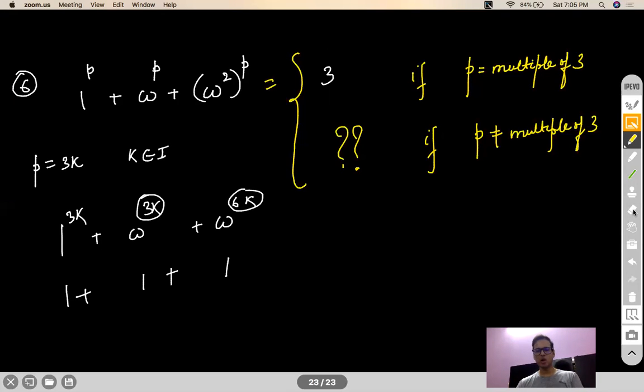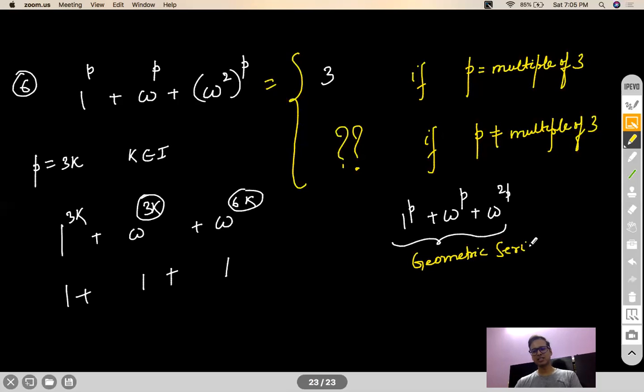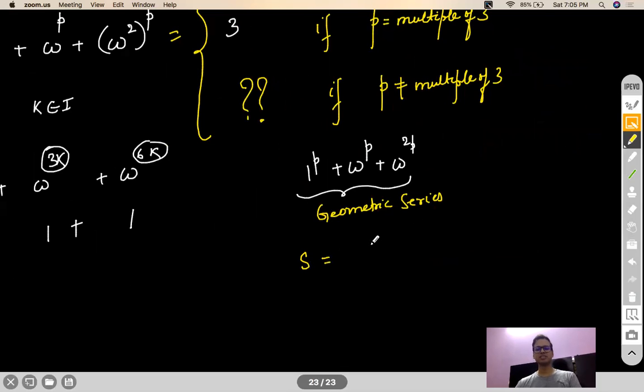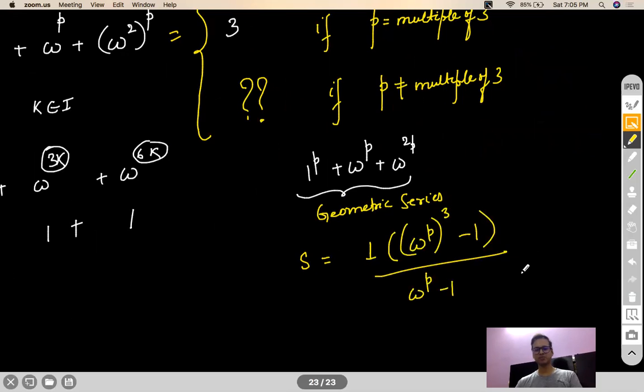If p is not a multiple of 3, then what will happen? Let's check. If you look at these expressions very carefully, they are actually in geometric progression. So this is a geometric series, with the first term being 1 and common ratio omega to the power p. When you're summing a geometric series, your sum is first term, common ratio to the power of number of terms minus 1 by common ratio minus 1.